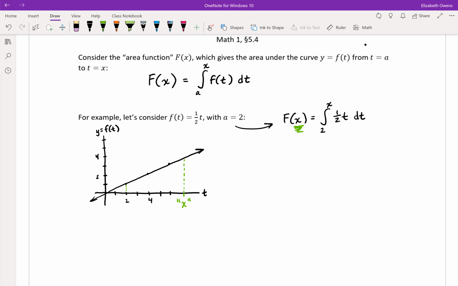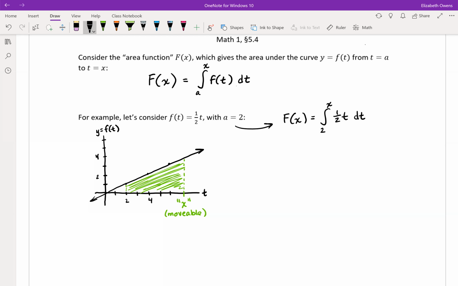So this x is going to be able to move around. It varies. So this is movable. You could draw x out further this way. You could move x in. That is going to affect the amount of area that we get from this integral or from this area function, as it's the area underneath the curve here. So changing that upper limit is definitely going to have an effect.